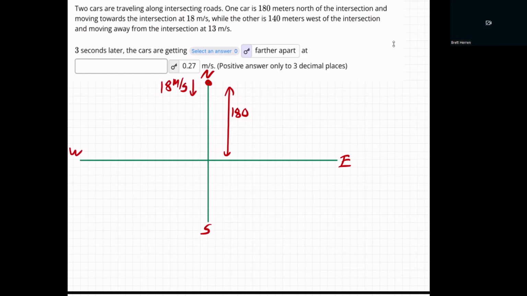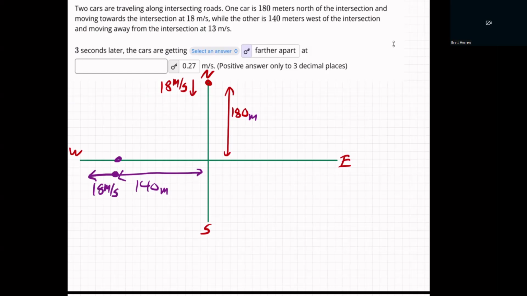Okay. The other is 140 meters west. So it's like, yeah, here. And this is 140 meters west. And it's moving away from the intersection at... wait, no, 13.